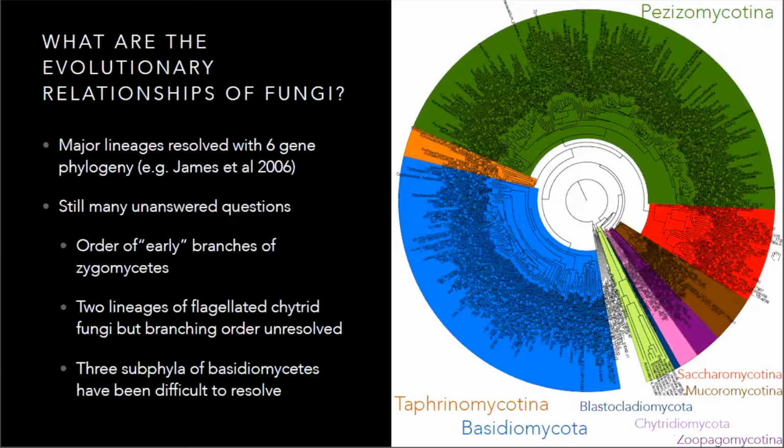But in fact, as we start to look carefully at those trees, we realize there are places where we don't really fully understand the resolution. And so we need additional sampling of both markers and lineages to get at that.